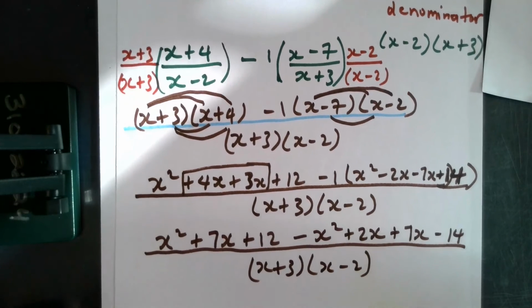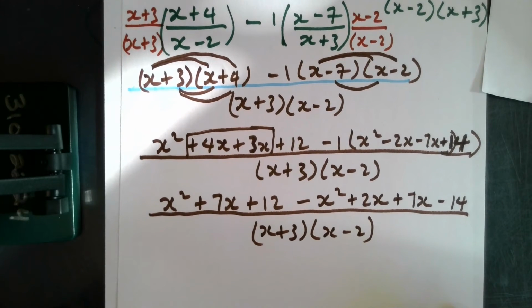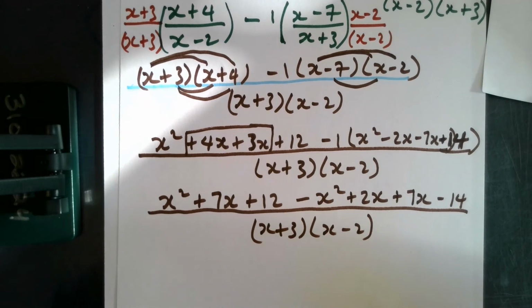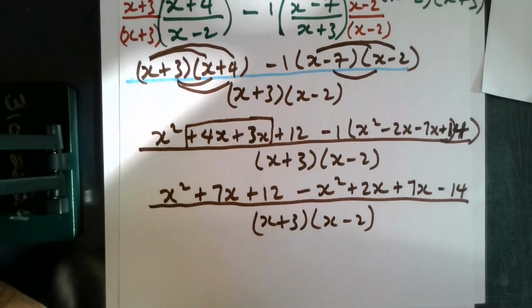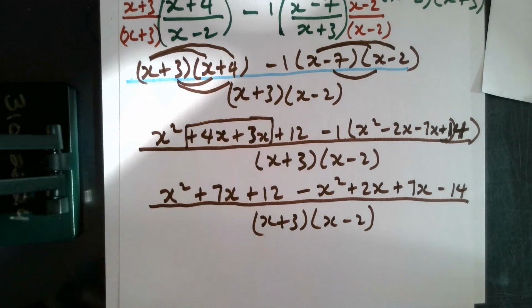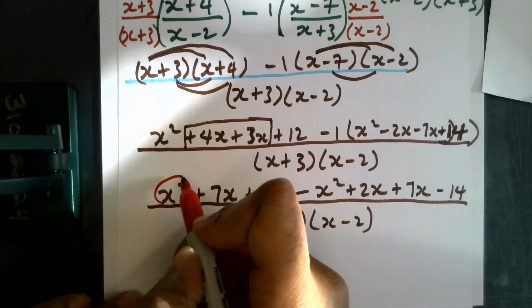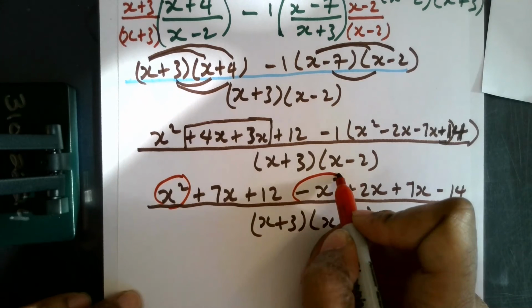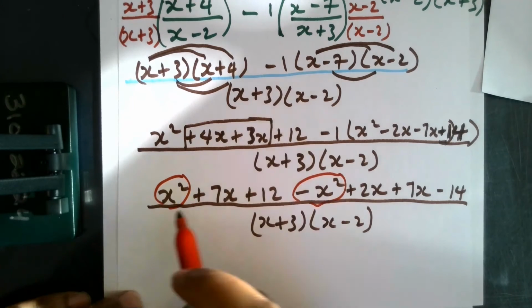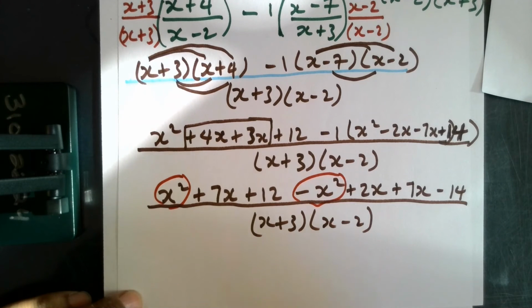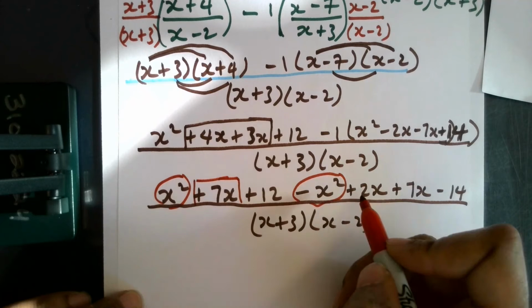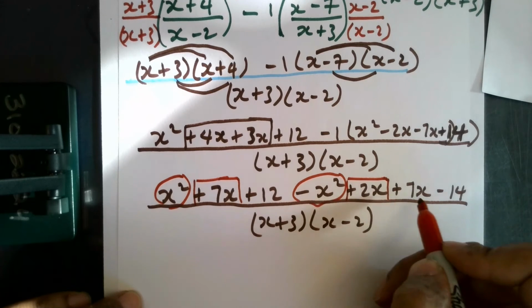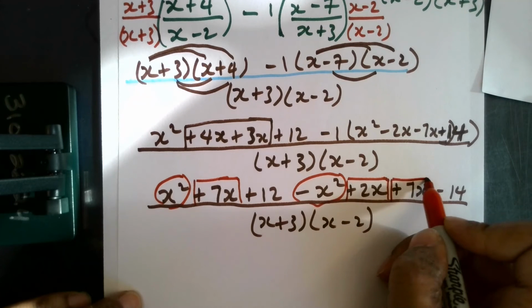And let's finish this up now. We have two like terms. Those two would cancel, as you can see. We have some more like terms containing x only.